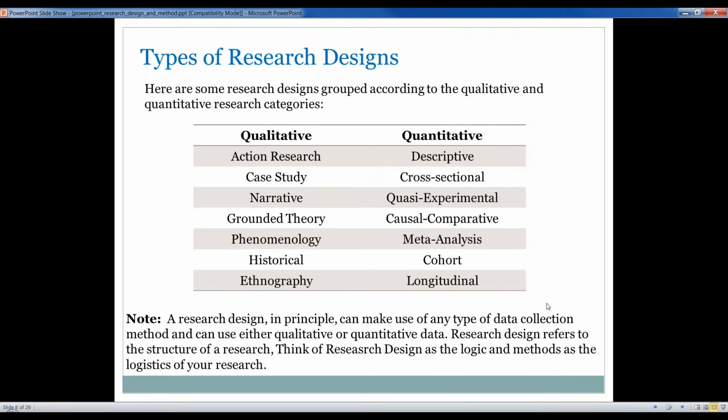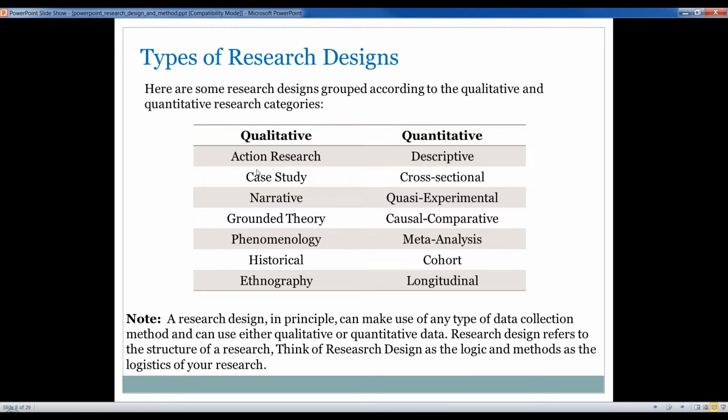And here is a very short list of some types of research designs, and I put them into two columns. So you have some qualitative ones on the left side, you have some quantitative designs on the right side. If you look at the qualitative action research, that's kind of close to a quantitative, because what you're going to do is you're going to a lot of times do some kind of implementation of some new program or some new process of doing things, and you're going to kind of follow it and see if there's any changes over time.